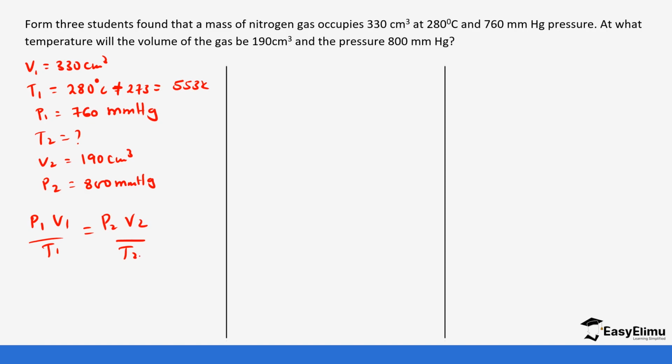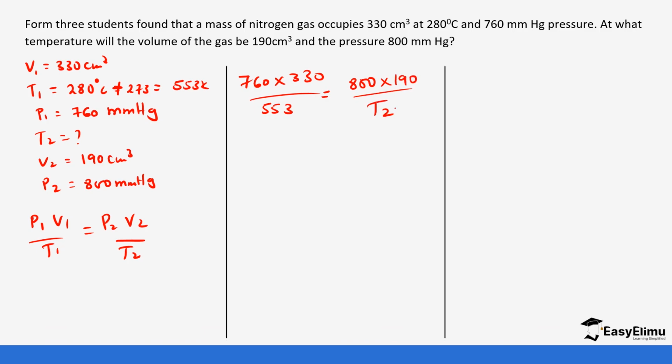So we input our values. P1 is 760, our V1 is 330, and our T1 is 553 Kelvin, is equal to our P2 which is 800, and our V2 is 190, divided by our T2, which we do not have.